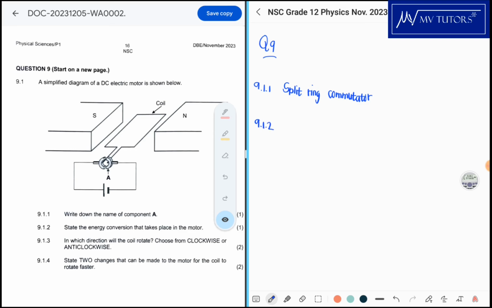Now it says state the energy conversion that takes place in a motor. If you forget, a motor turns, well, you require electricity in order for there to be motion. Okay, so basically we're going from electrical to mechanical energy.